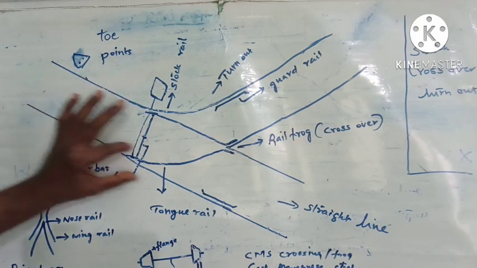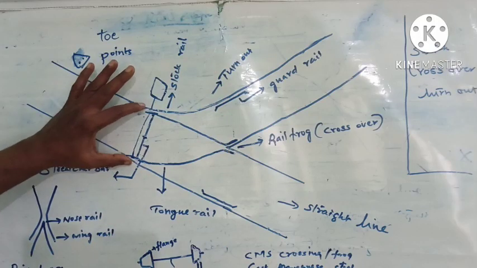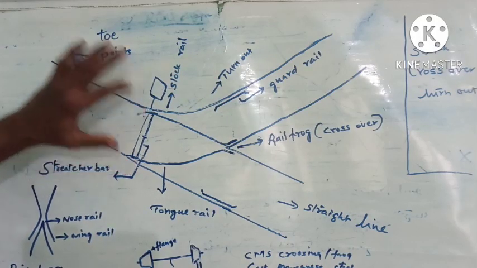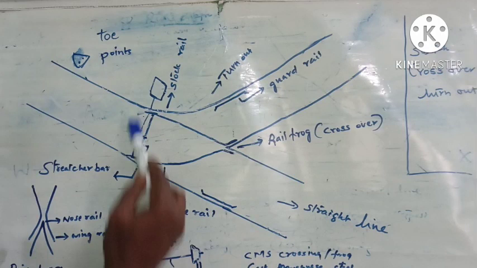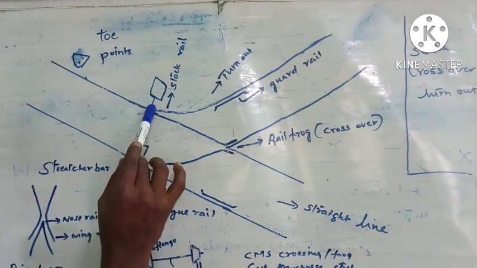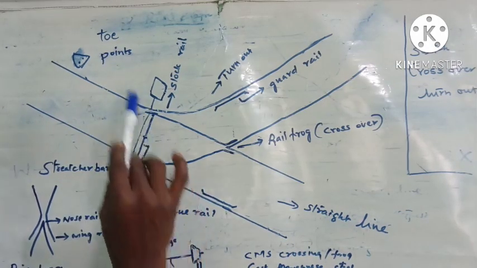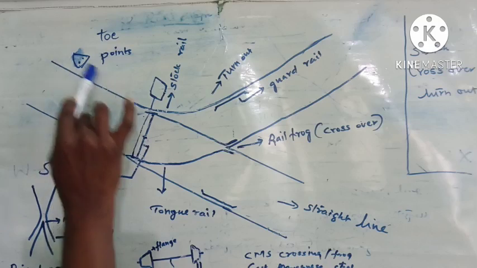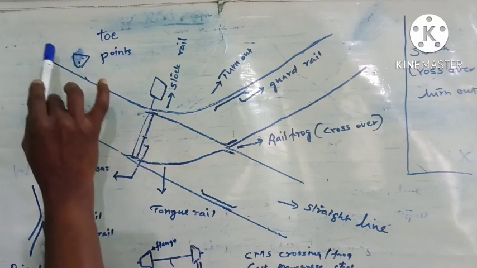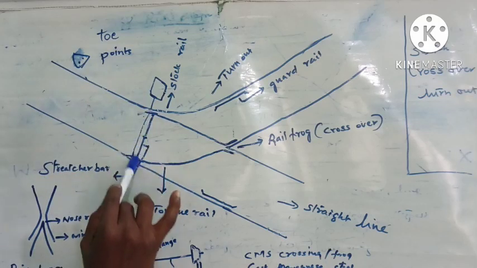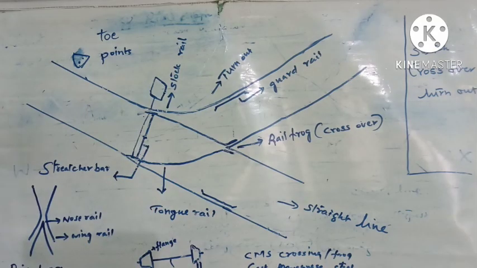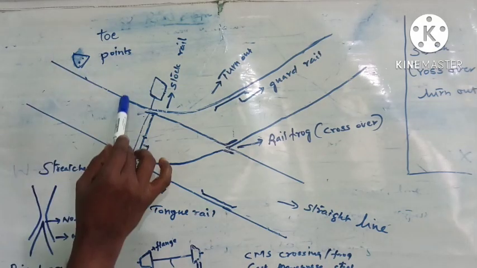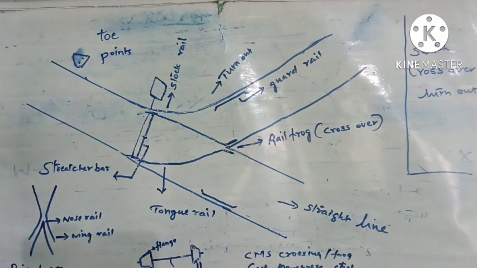Now the point is set for the reverse. So the point is only set. Now it is to be locked. How is it locked? Locking is ensured by operating the concerned signal connected with these points. So when the signal is taken off, that means the point is locked.